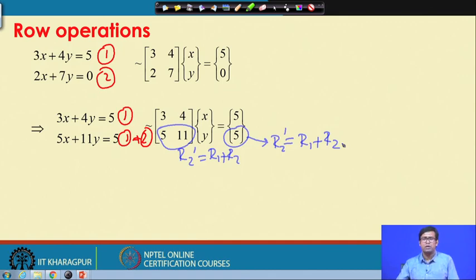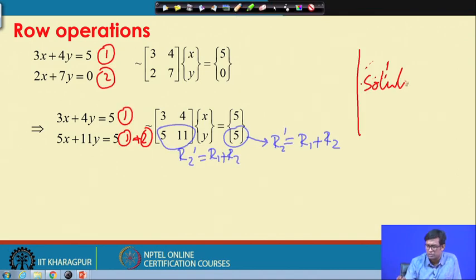So, we add rows of A to get a new row and we add rows of B to get another new row, and we see the solution remains the same, which is x and y remains the same.